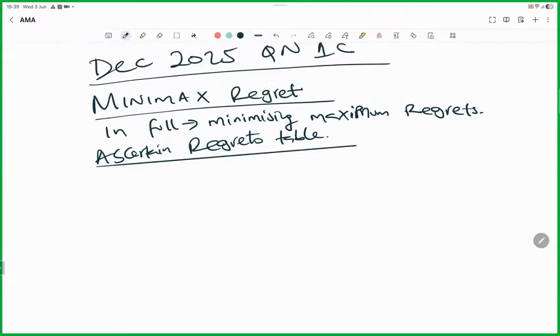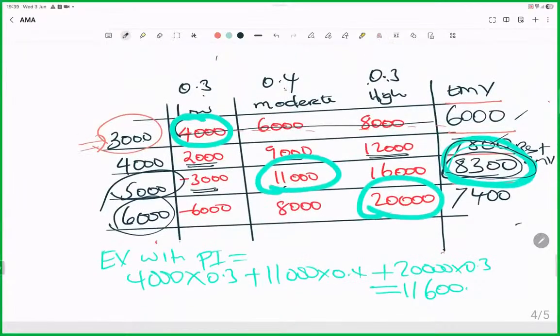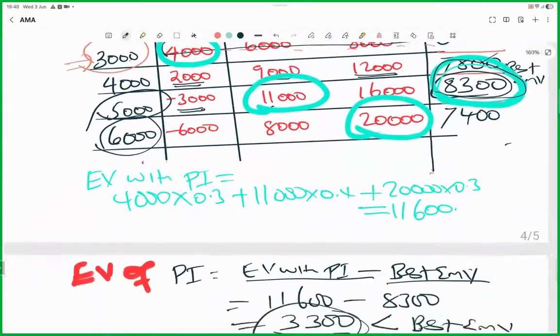So I want us to use this same question that we had up here. How do we get these regrets? You go to each column, selecting the best. So select the best in each column. Have we done that? Then let's go and get these regrets.